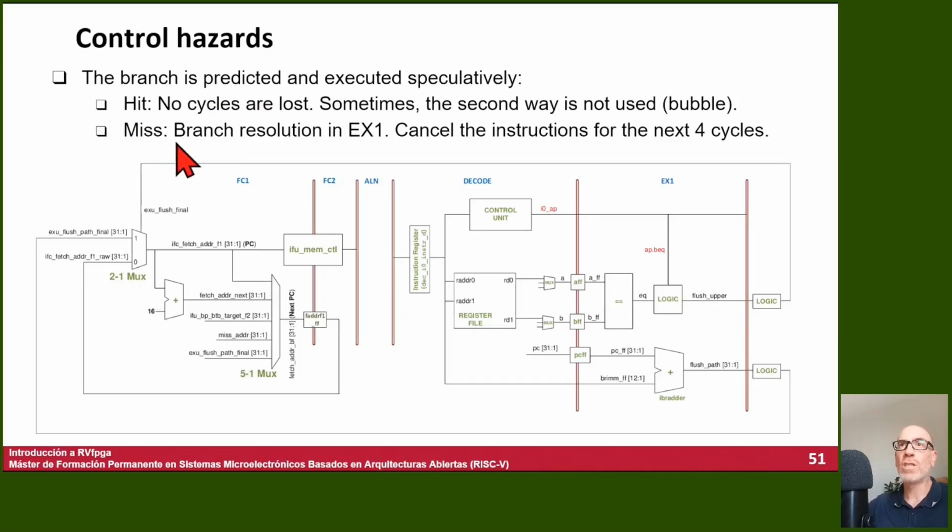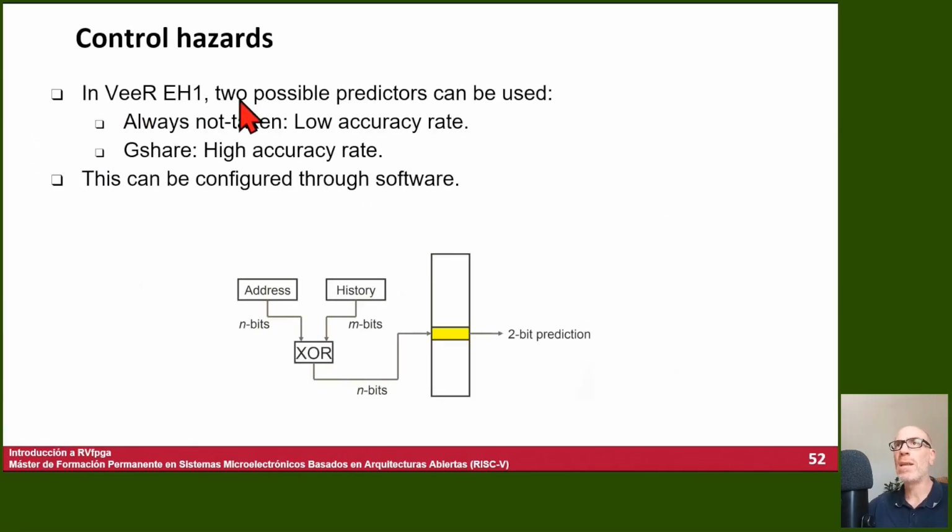If the prediction is wrong and fails, we must undo the incorrect speculative path and redirect execution to the right one. In VeeR EH1, we have two possible predictors, a basic one that always predicts branches as not taken, and an advanced one called G-share, which achieves a high hit rate and thus better performance. We can configure which predictor to use in the software, as we'll see in the examples.